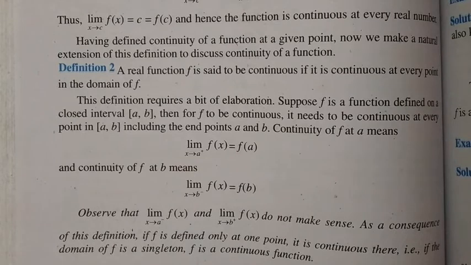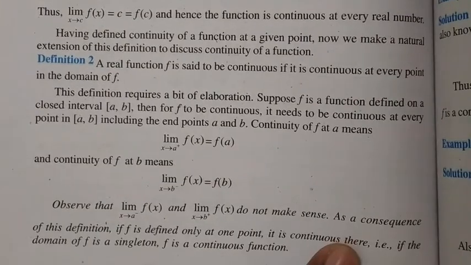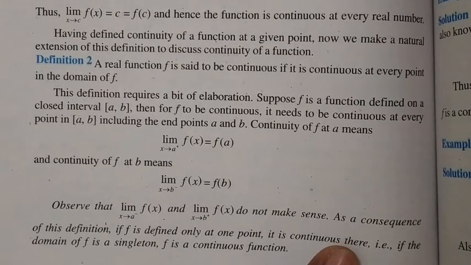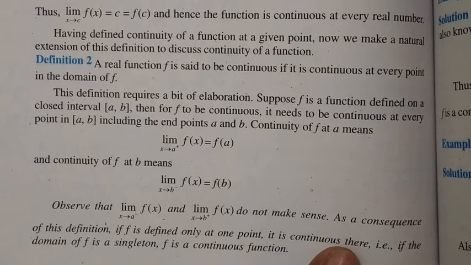In this definition, it says that if f is a function defined on a closed interval AB, then f needs to be continuous at every point in the closed interval AB, including at end points A and B. Means what?